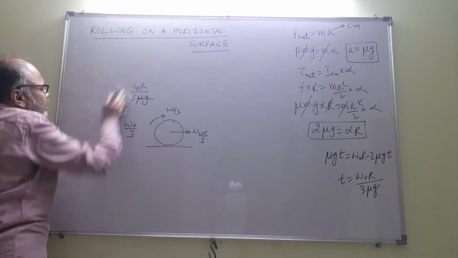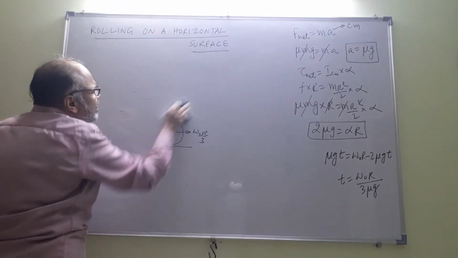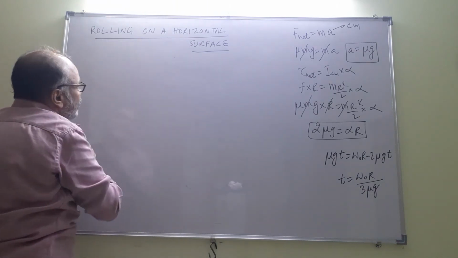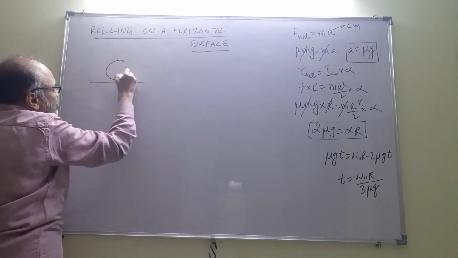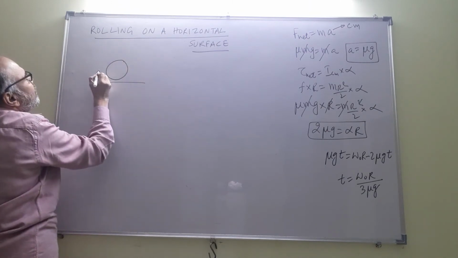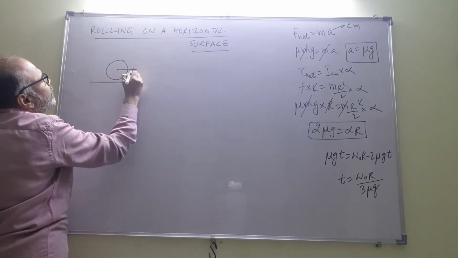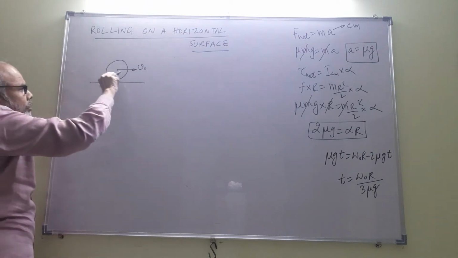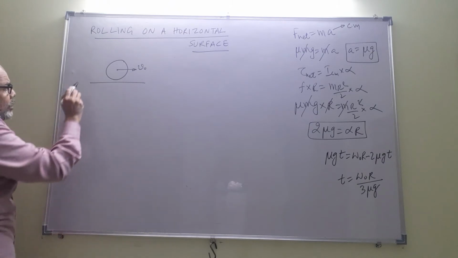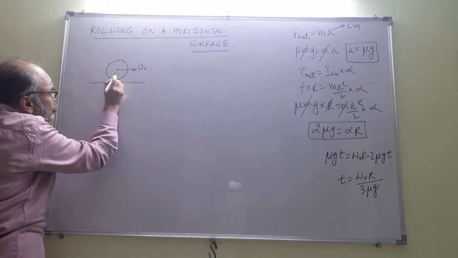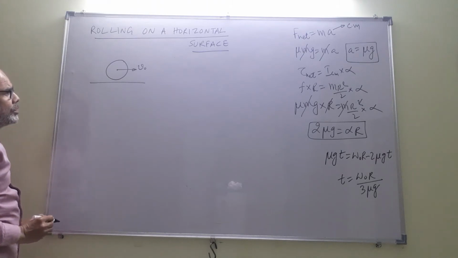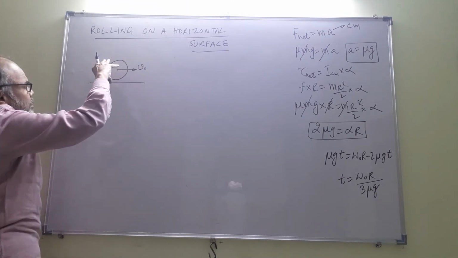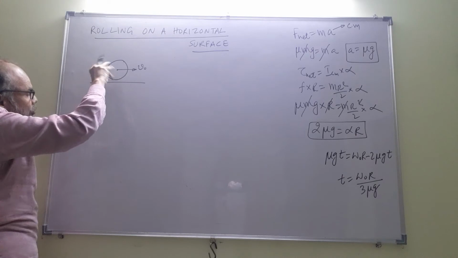We keep the disk on the surface and give a short duration impulse, so that it attains a velocity v0. Of course, that hit should be such that the impulse passes through the center of the disk. Only then it will translate. Otherwise, if it is slightly above or below, there would be a rotational effect also.